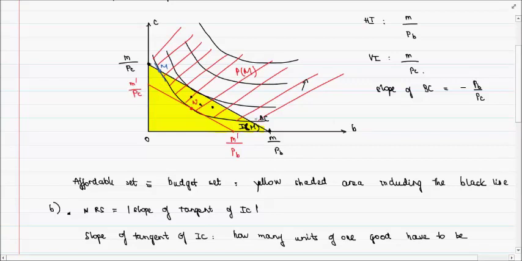Now we already said that pb and pc are staying the same, so that's why the slope of the red line is the same as the slope of the black line, because the price ratio remains the same. The only thing different is that we have a lower income over here, so it shifted the whole budget constraint downwards. Okay, so corresponding to point N over here, we actually need a smaller income to buy, as you can see. So point N will cost the consumer less, however give the consumer exactly the same utility as point M, because they are staying on the same indifference curve.